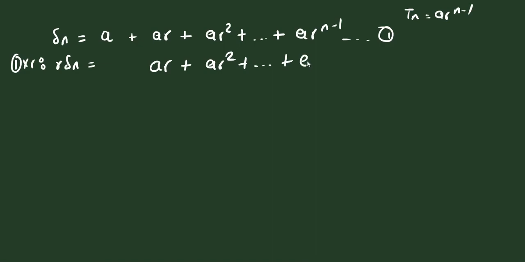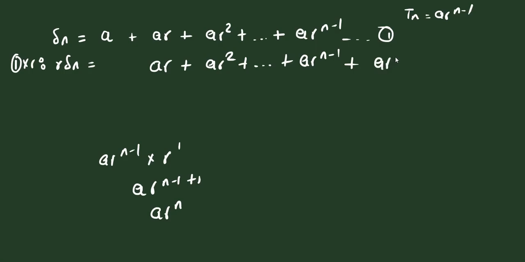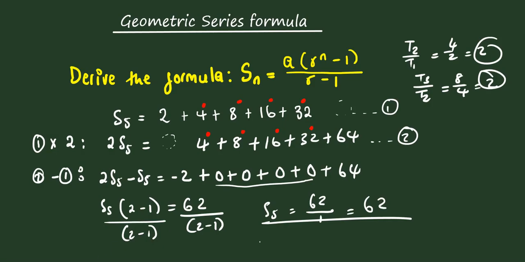You write exactly the same thing, but for the last term you say ar^(n-1) times r. That will be ar^(n-1+1). Bases are the same, we add the exponents. So this will be ar^n. That's your last term, ar^n.